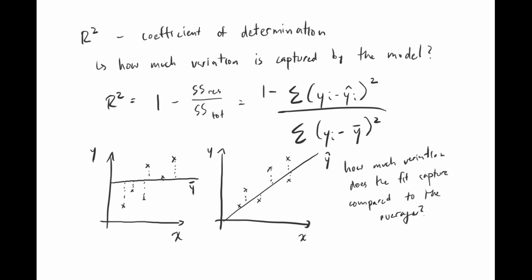And basically, the idea behind the R squared is to create a really simple standard of comparison. It's basically saying, okay, if I just take the average of my y values and compare everything to that, does the fit that I'm creating actually do a better job than this really, quote unquote, dumb way of estimating my y's?